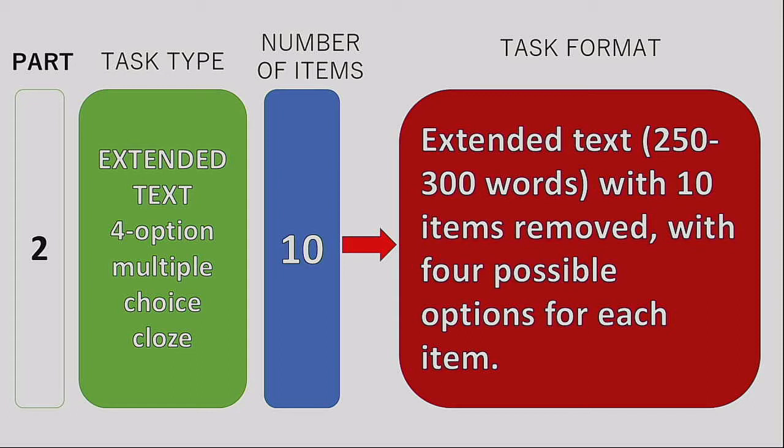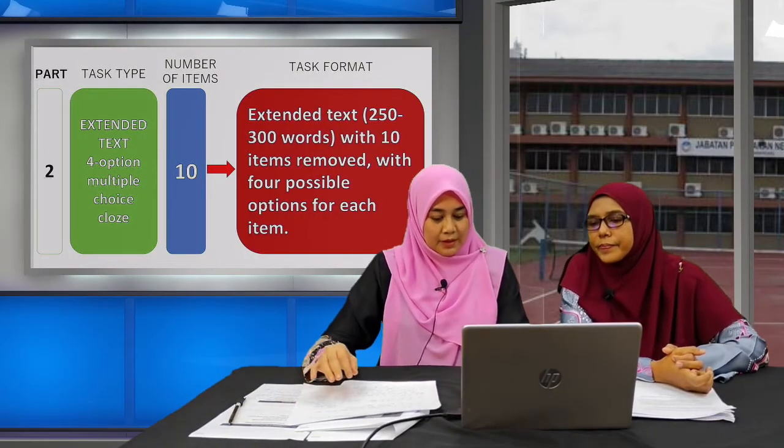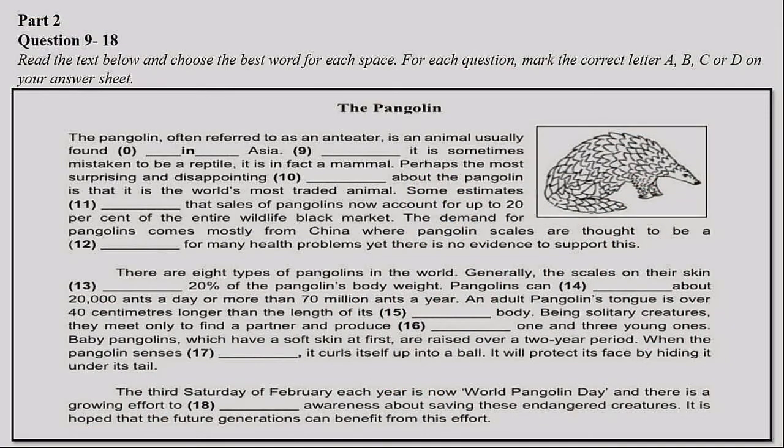The task format is extended text of 250 to 300 words with 10 items removed, with 4 possible options for each item. Now let's look at the sample of the task. It looks like this, from number 9 until 18. So altogether 10 questions.